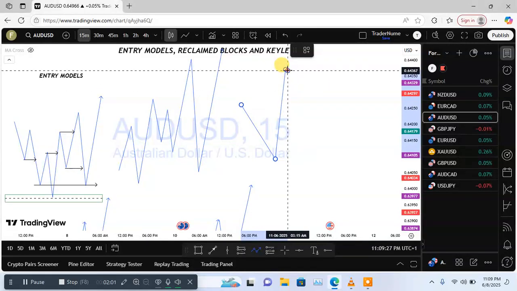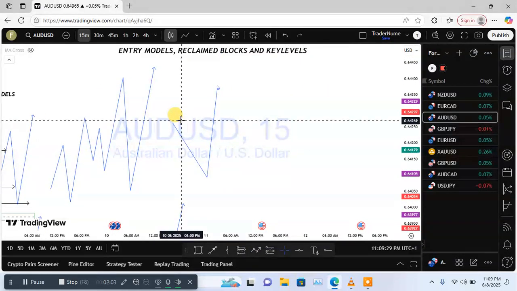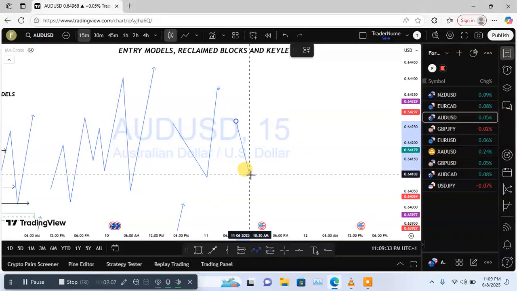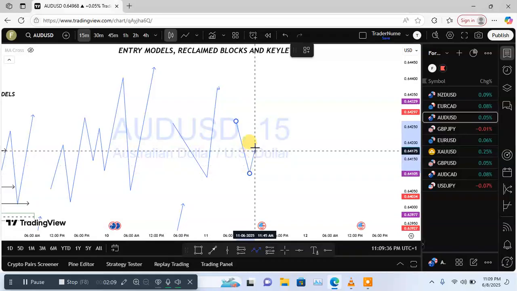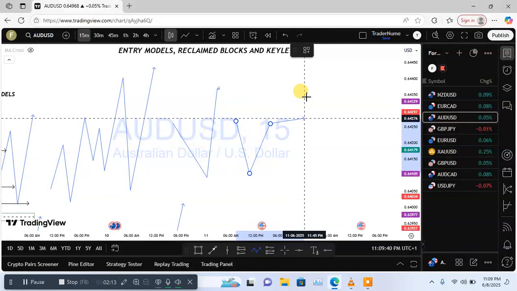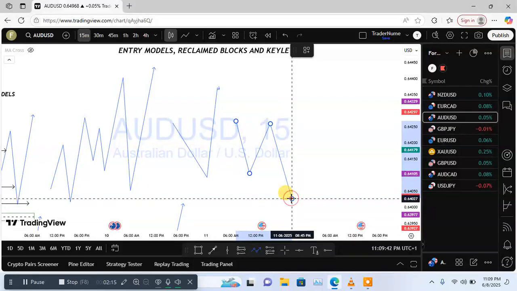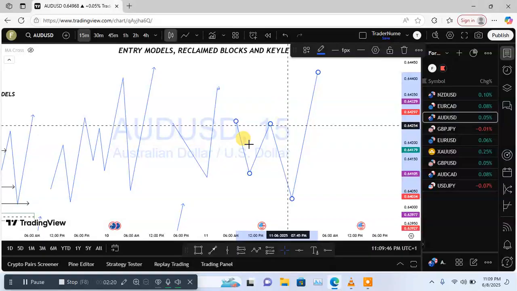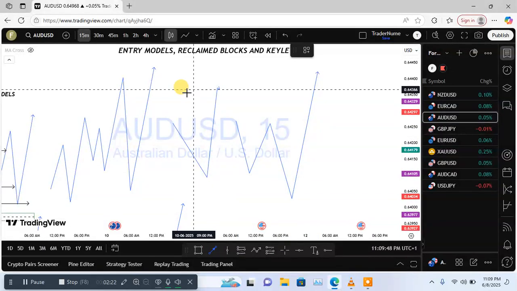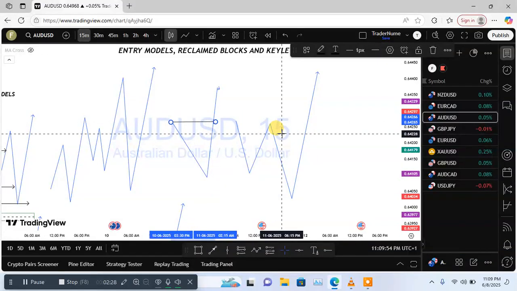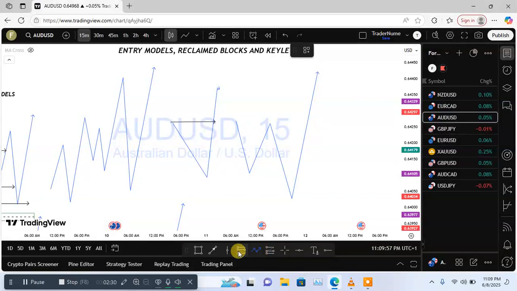Then maybe on your 2 hours, that break of structure turns into a liquidity sweep, then a break of structure. You can still pick this on your 4 hours, but most times I don't really use 4 hours to mark my discount zone. Most times I use 2 hours.